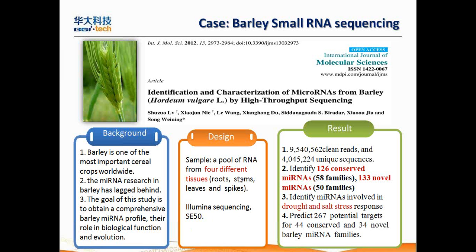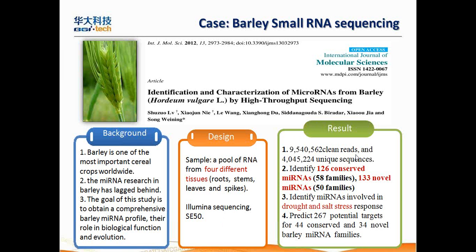They got RNA from four different tissues: the root, the stem, the leaves, and spikes, and they used those samples to construct libraries and used Illumina to sequence them. The sequencing strategy is single-end sequencing of about 15 nucleotides.